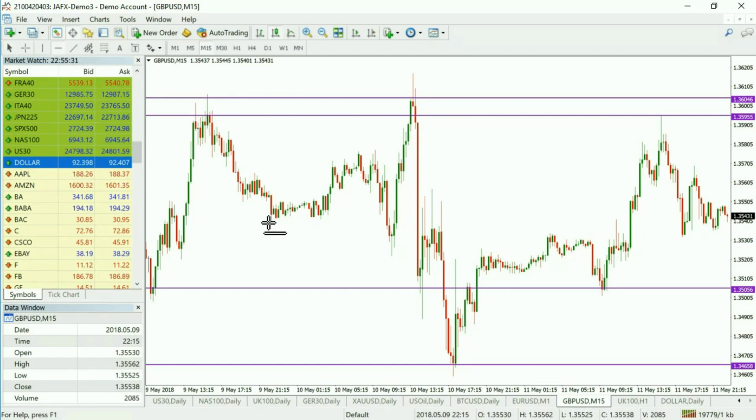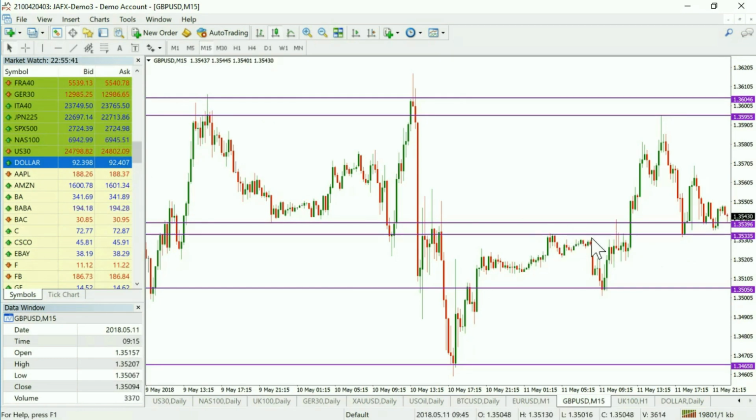You can see price action beginning to converge around these levels.